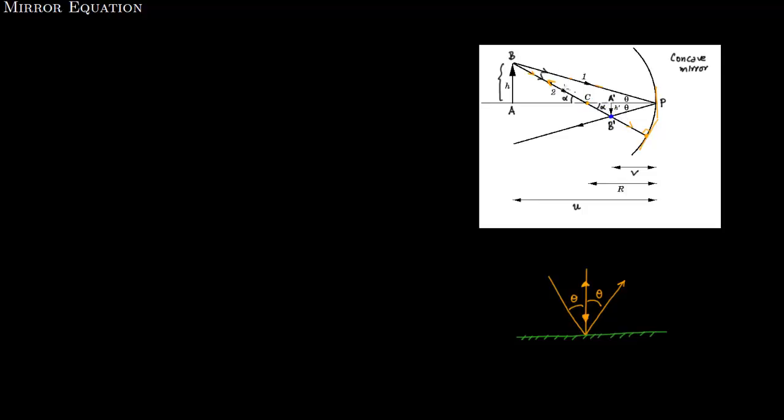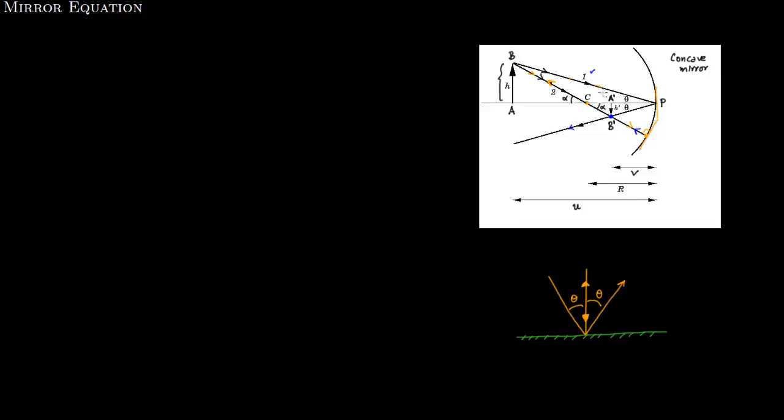So we have the incident ray also going through C, and the reflected ray is also going through C. So this is the incident and the blue is reflected. Similarly, incident ray 1, so I've written 1 here, it goes to P and then it gets reflected. So this is the reflected ray. So you take two reflected rays, find their point of intersection, and that will give you the image.